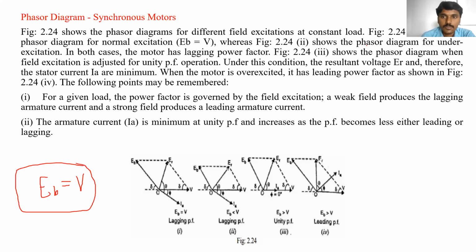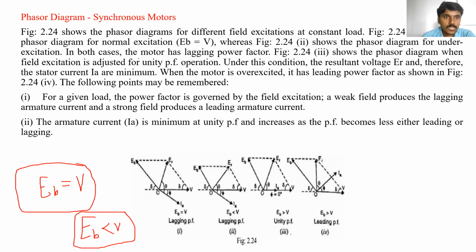Next, the second one, the phasor diagram for under excitation. Under excitation is nothing but back EMF less than V. When the back EMF is less than the supplied voltage, this is the under excitation.